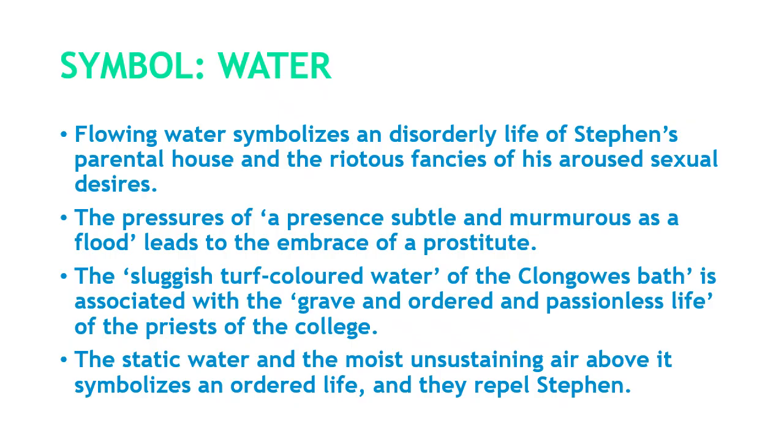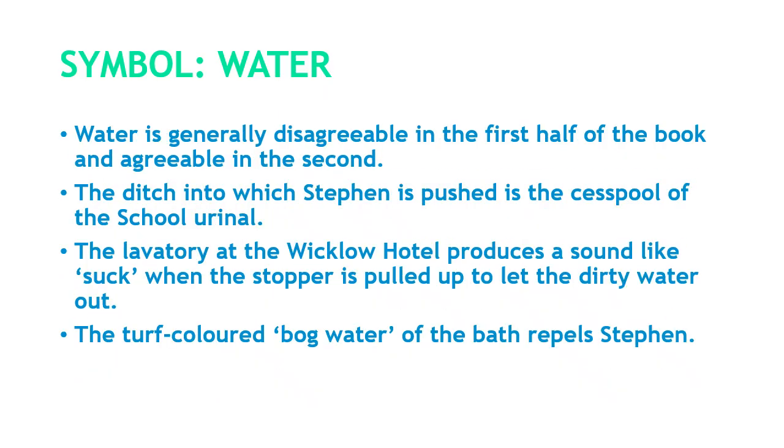The sluggish turf-colored water of the Clongowes bath is associated with the grave and ordered and passionless life of the priest of the college. So the static water, static means something which is stagnant, not moving. The static water and the moist, unsustaining air above it symbolizes an ordered life, and both of these things repel Stephen.